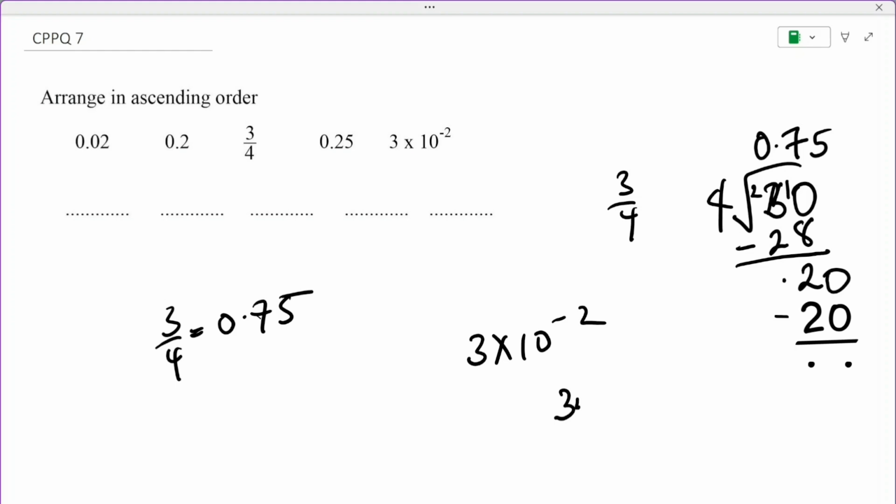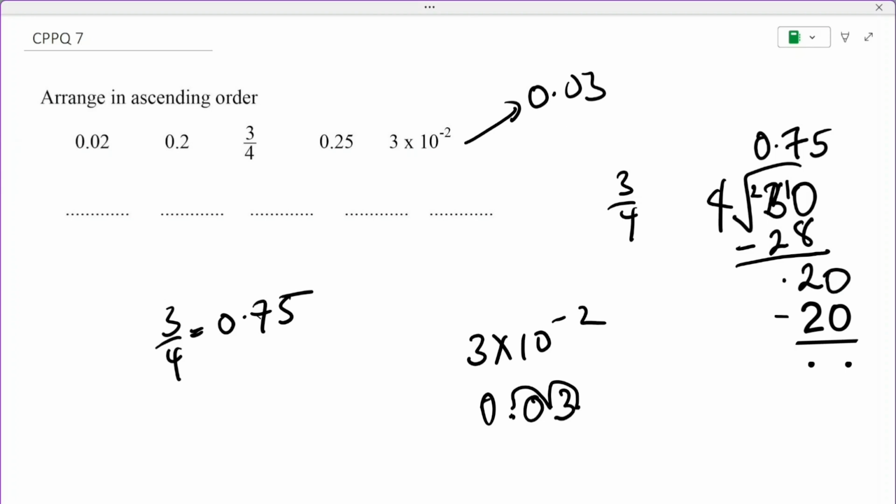Since 3 is a whole number, the decimal is behind 3, so you move 2 steps to the left: 1, 2. So 3 times 10 raised to the power minus 2, which is in standard form, is 0.03 in decimal.